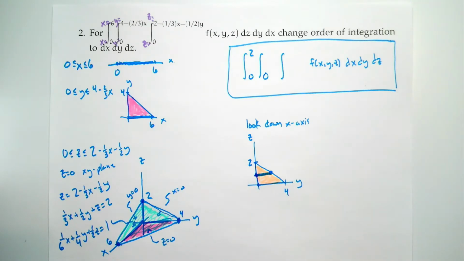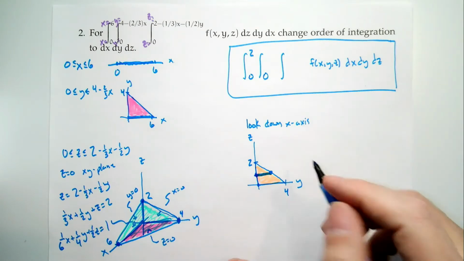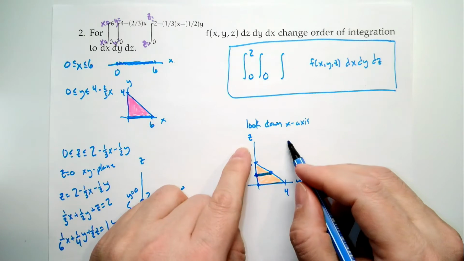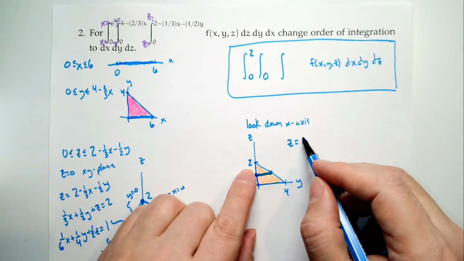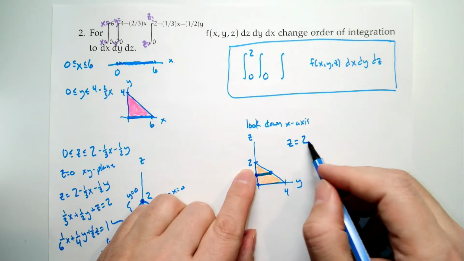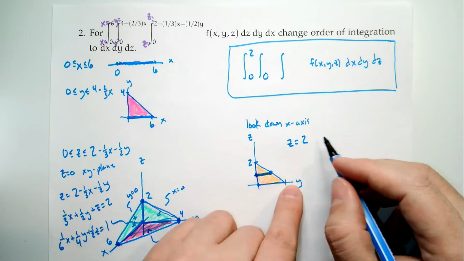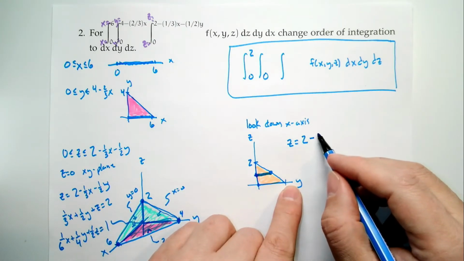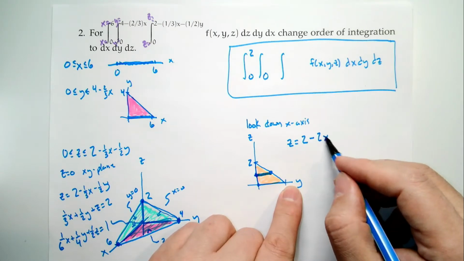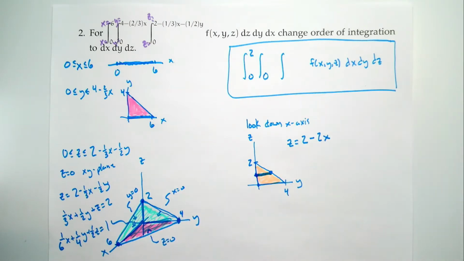If this is a line, I could say z equals the y-intercept 2, and then the slope, down 2 over 4, so that'd be minus 2x, yes? I think so.